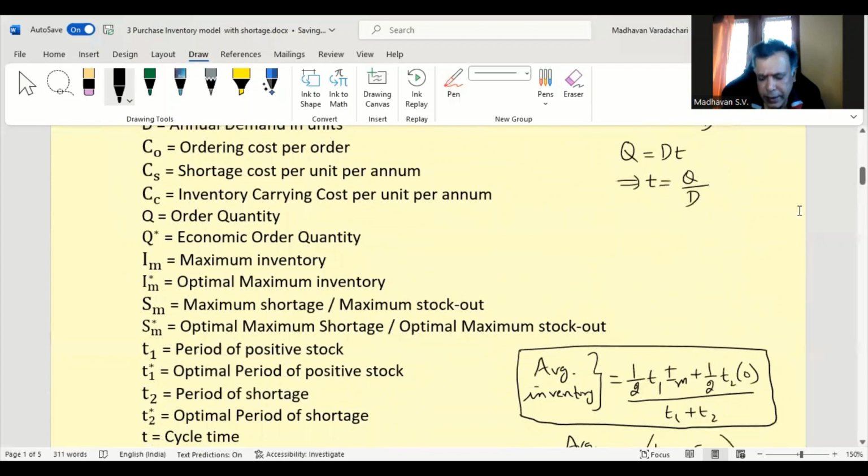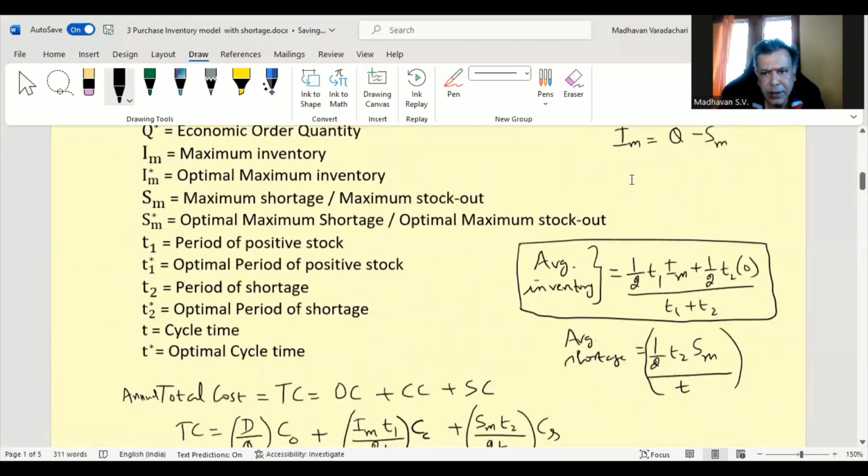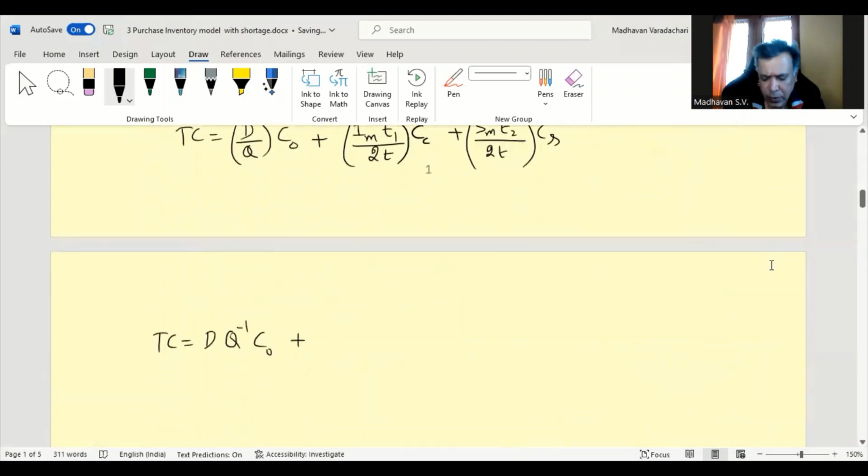Now I will rewrite IM as Q minus SM. That will be our IM. So I will be replacing IM with this Q minus SM.